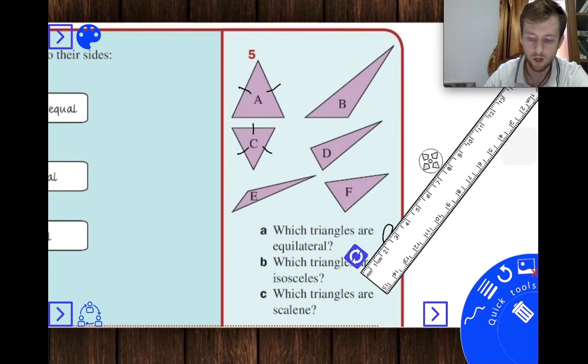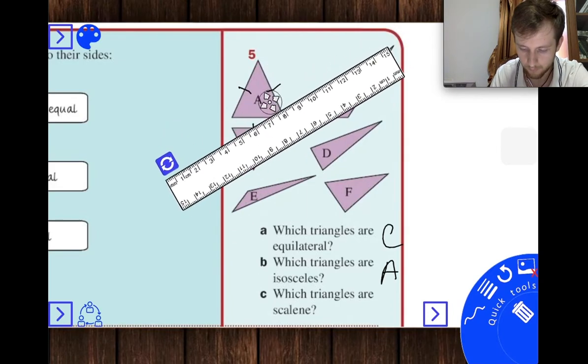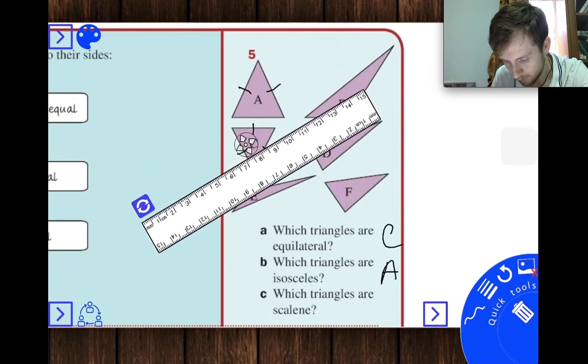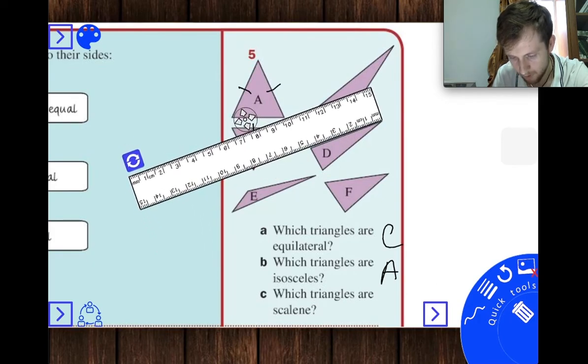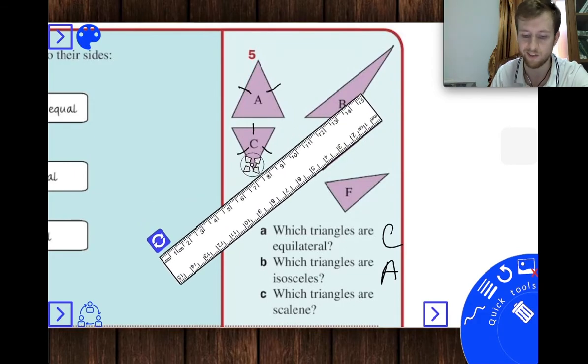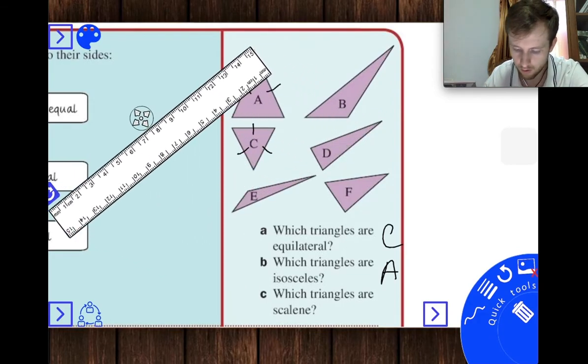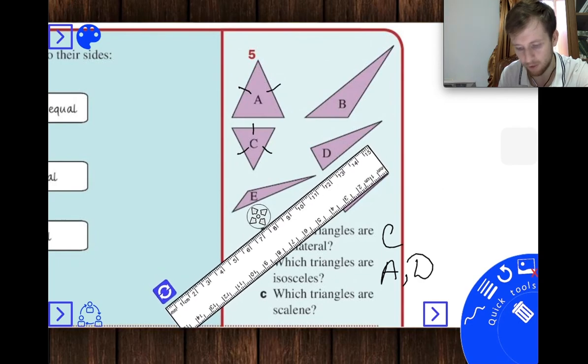And we can try D as well. It also looks like it's isosceles, right? Yeah, it's 4.5, and here is 4.5. So D is isosceles as well. We can try F. I mean, let's try it. F is probably not going to be isosceles.